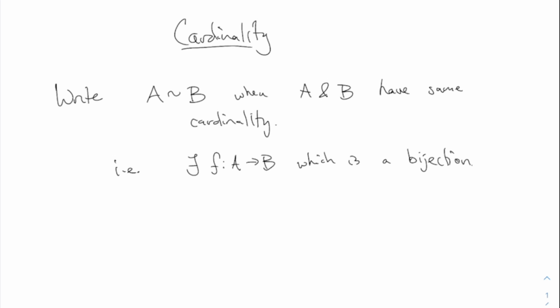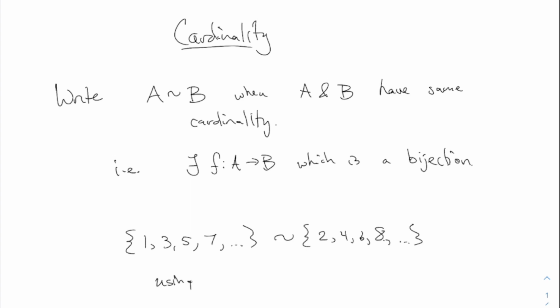All right. So last time, for example, really towards the end, we looked at the set of odd numbers. It actually is the same cardinality as the set of even numbers because there is a function that goes from one to the other, which is a bijection.